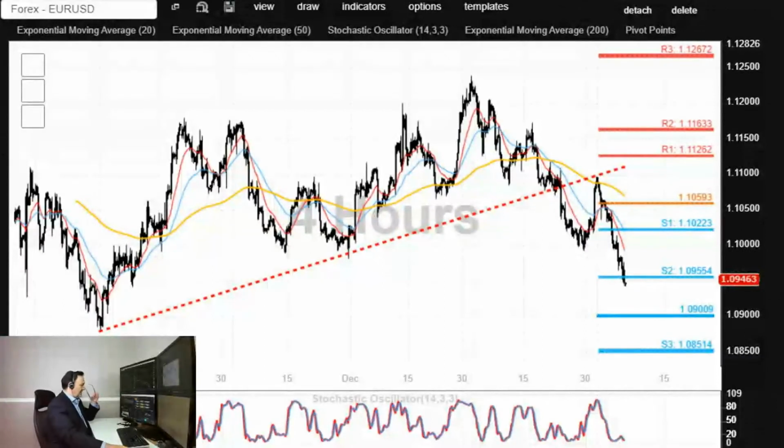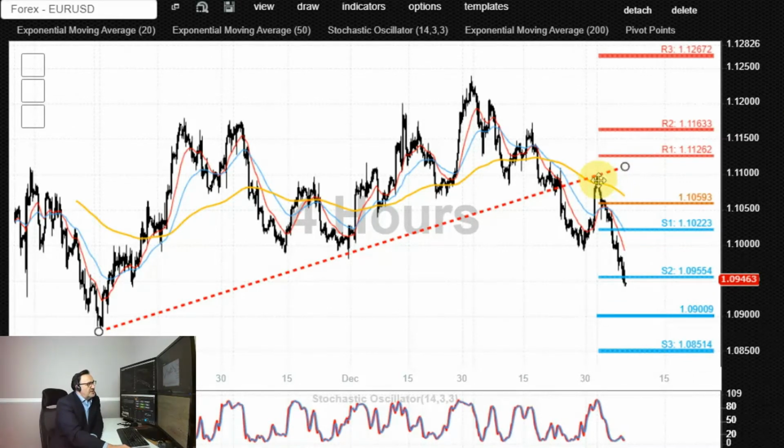This is the 4-hourly intraday price chart for euro dollar, and we can see that there was a substantial sell-off after that retest of previous support now as the newly found resistance around 1.1090, 1.11, the level that we were talking about last week.